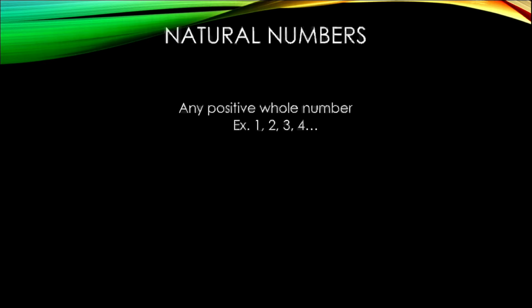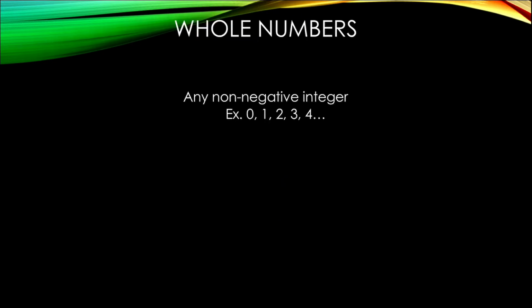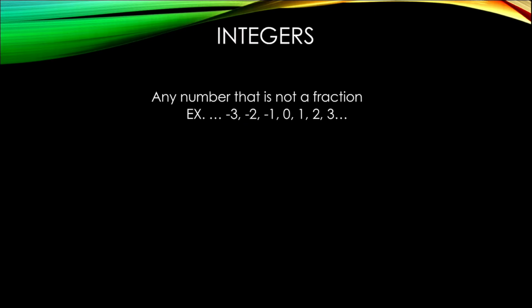So natural numbers are any positive whole numbers. We've already talked about this: 1, 2, 3, 4, 97, anything like that. Whole numbers are any non-negative integer. The big addition is we add 0. An integer is any number that is not a fraction, so we add the negative numbers here.